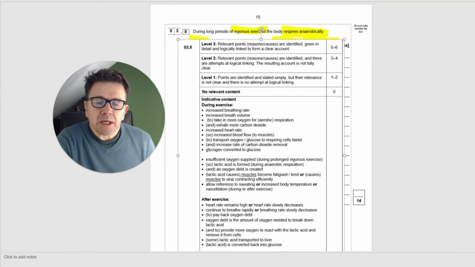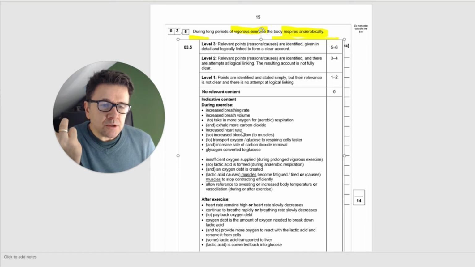So the kind of content it's going to need, obviously you're not going to be able to write all of this, but relevant points need to be identified. During exercise, some of the things are increased breathing rate and increased breathing volume. Why?